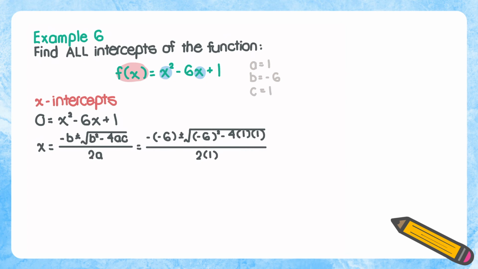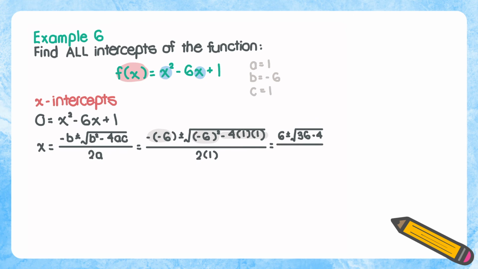Let's simplify this piece by piece. So the double negative right here turns into +6 plus or minus. And then -6 squared is +36. -4 times 1 times 1 is just -4. So we have 36 minus 4.